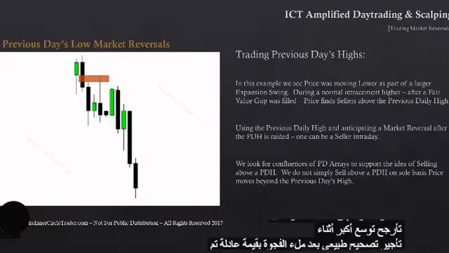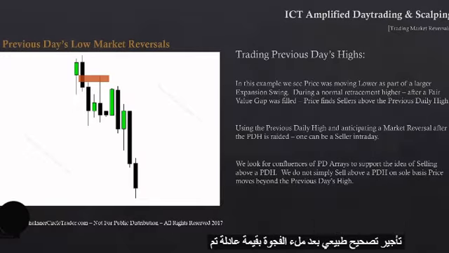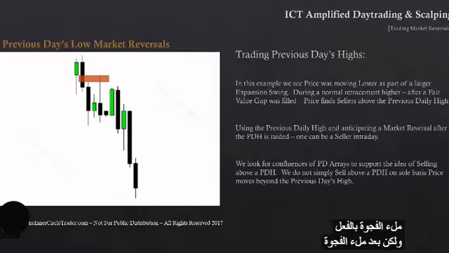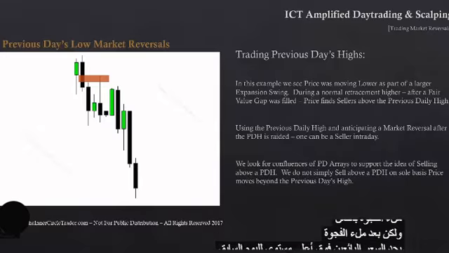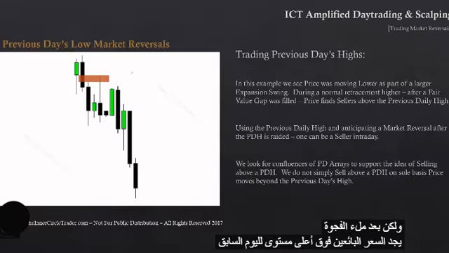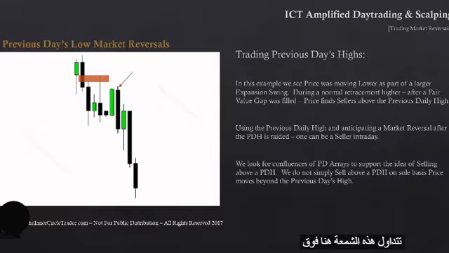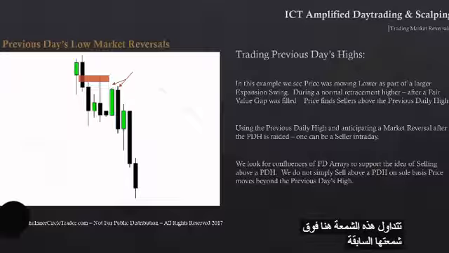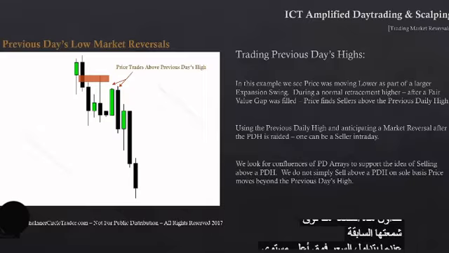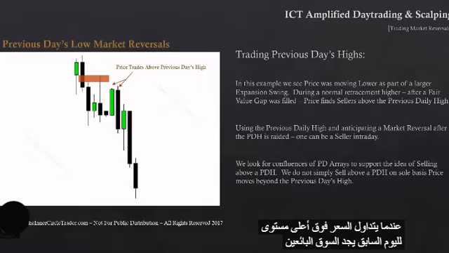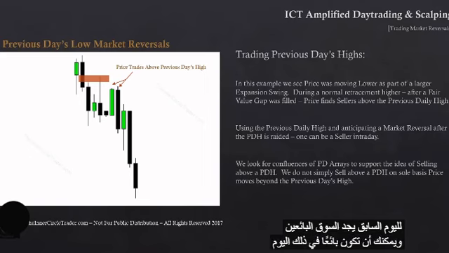During a normal retracement higher after a fair value gap was filled, notice the gap has already been filled, but after that, price finds sellers above a previous day's high. This candle here trades above its previous candle. When price trades above that previous day's high, the market finds sellers, and you can be a seller that day.